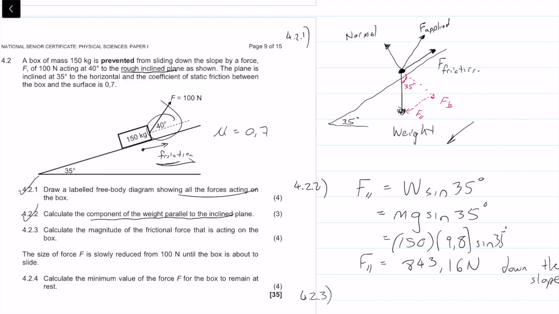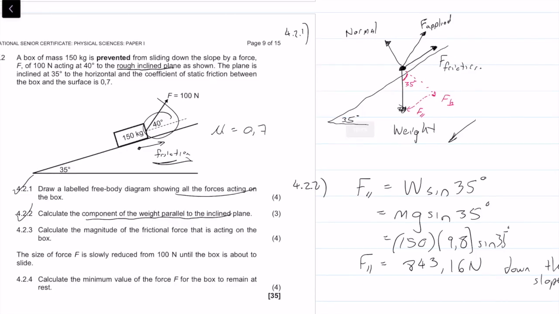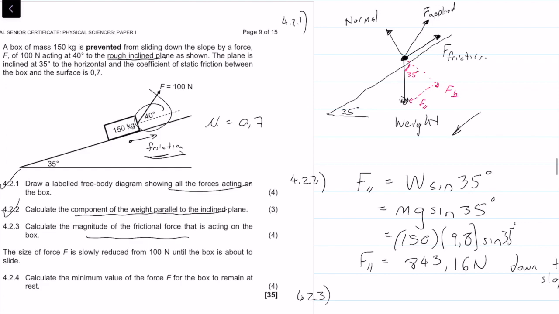So question 4.2.3 says, calculate the magnitude of the frictional force acting on the box. So what we want is force friction. How are we going to do this? We know that it is held stationary by that force because it's prevented from sliding down the slope.